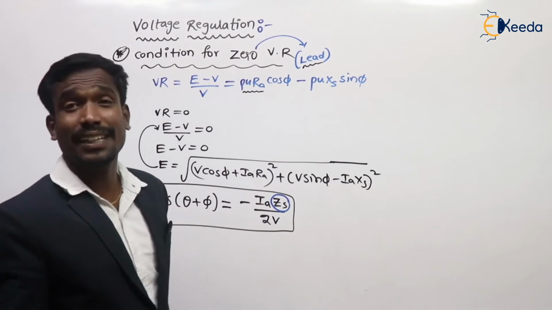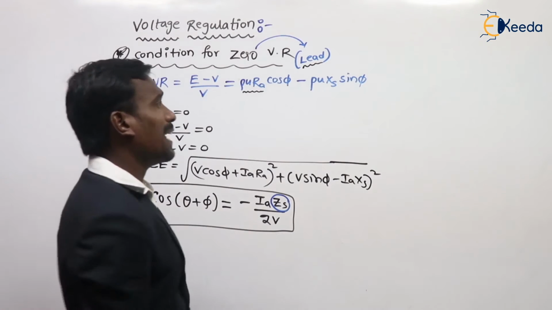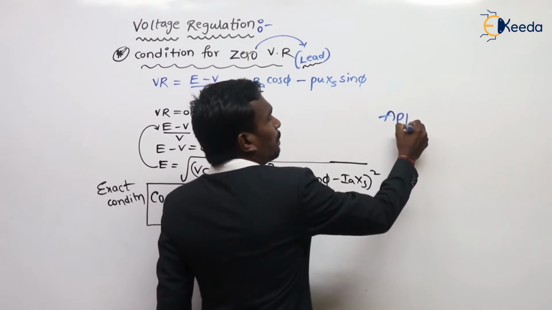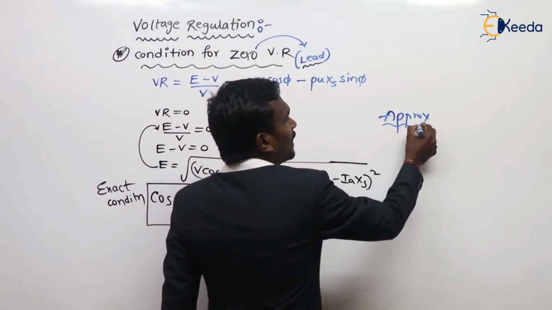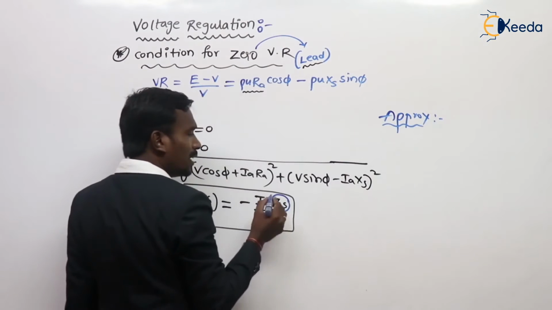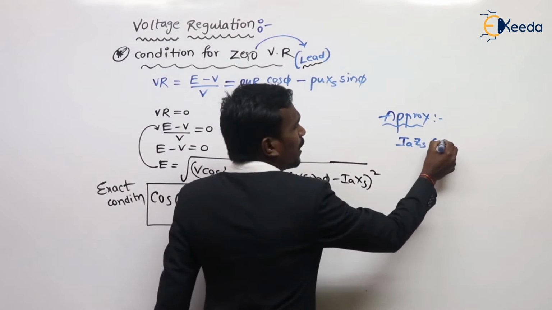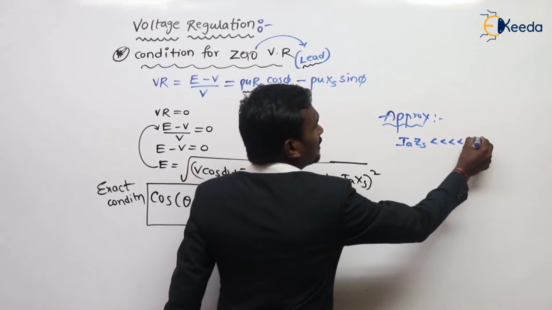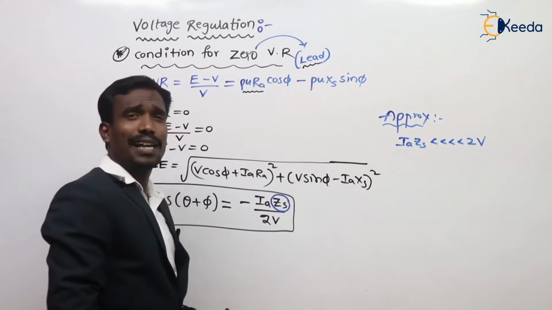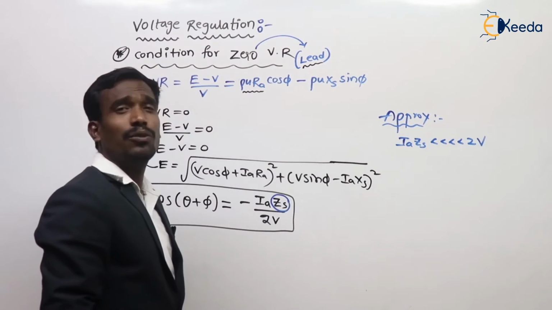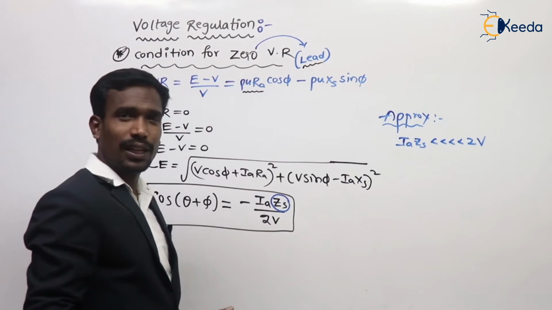This is the exact condition. But for approximation, what is my approximation here? Generally, IAZS is very much less than 2 times the voltage.